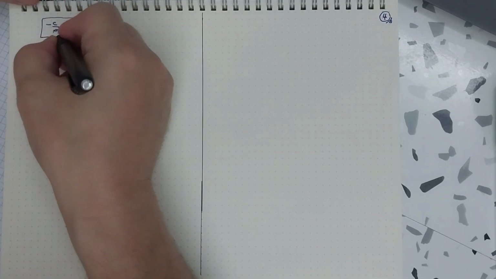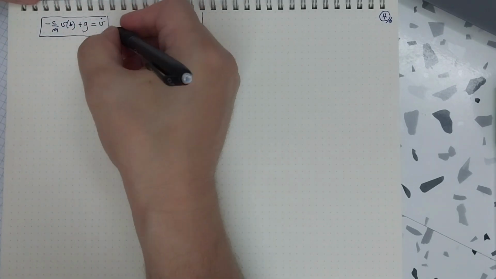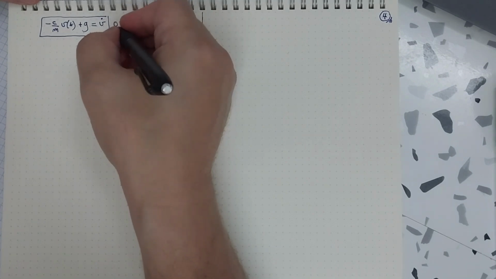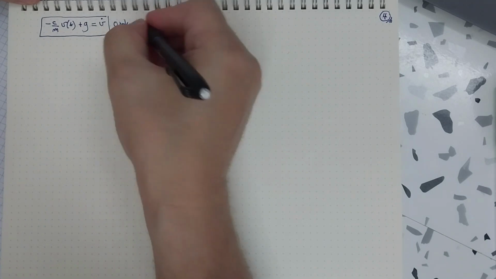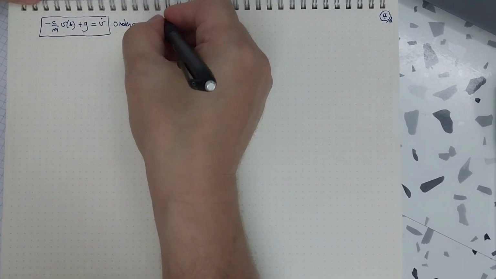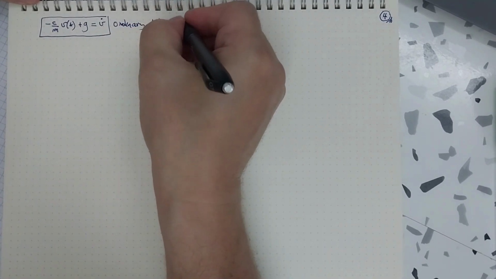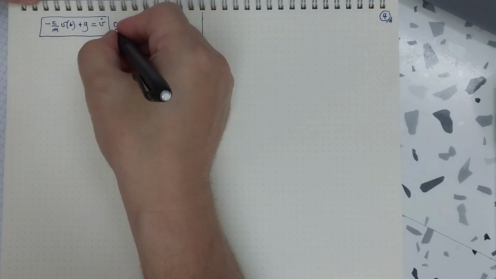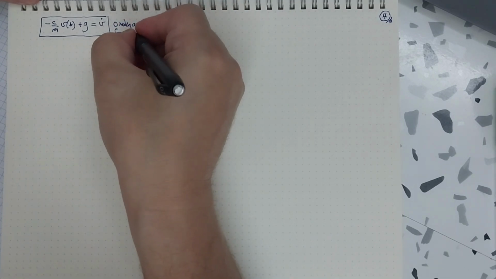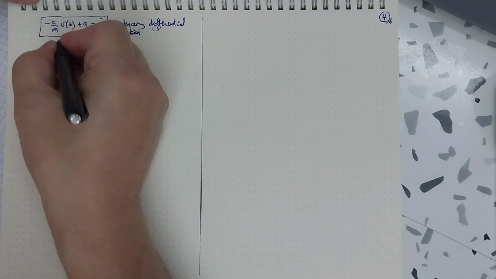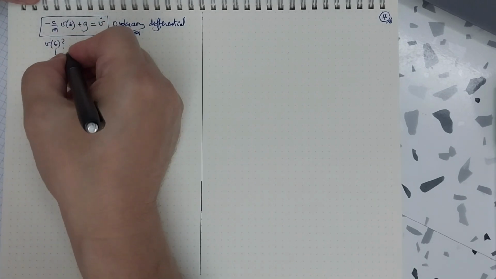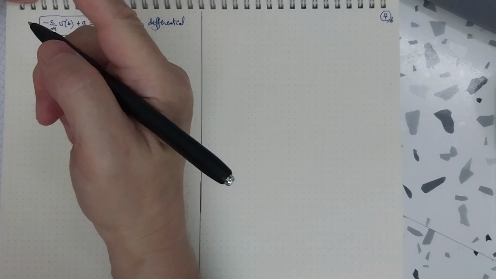This is an ODE, an ordinary differential equation, where the unknown is v(t). t is the independent variable. There is one single independent variable.